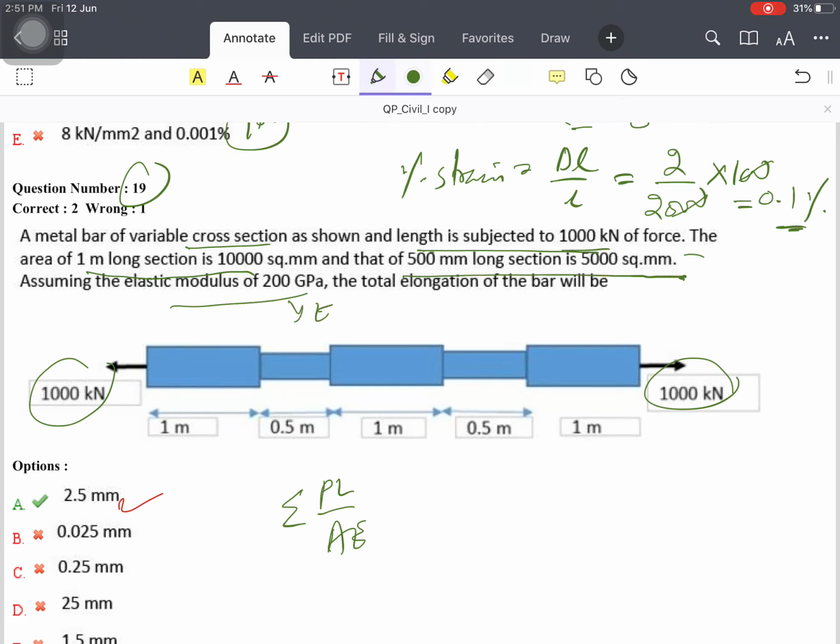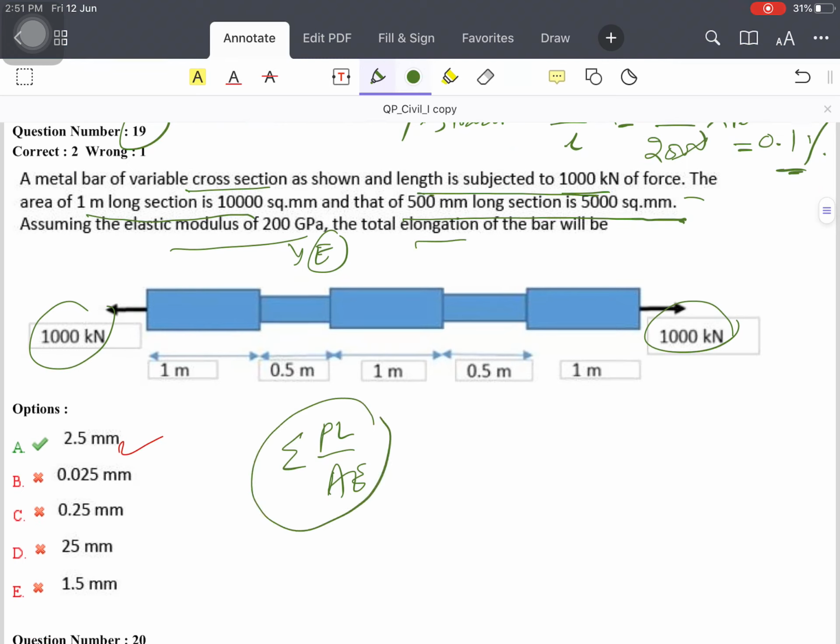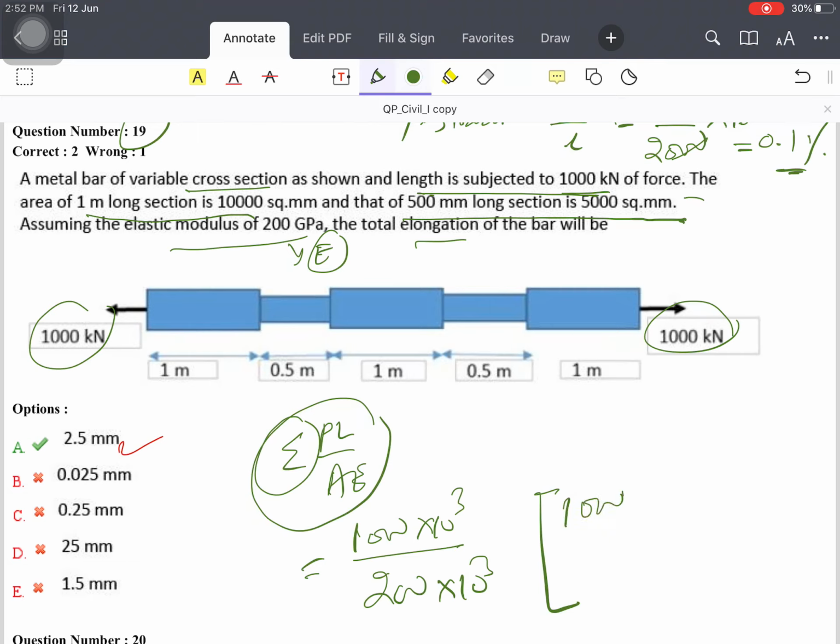Assuming the elastic modulus 200 gigapascal, the total elongation of the bar will be, total elongation formula summation PL by AE, where P equals 1000 into 10 to the power 3 by E value 200 into 10 to the power 3. L by A: we need to sum, 1 meter means 1000 mm.